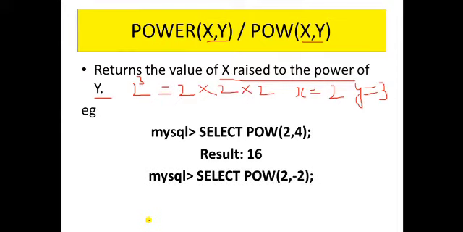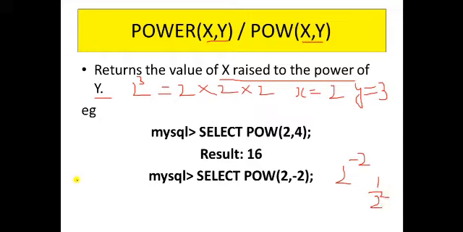Let us see another example in which the power is negative. The value of y is negative. 2 raised to the power minus 2 means 1 upon 2 raised to the power 2.